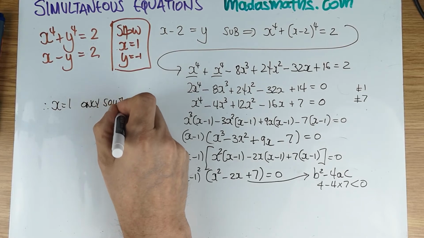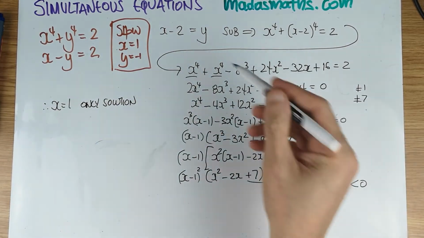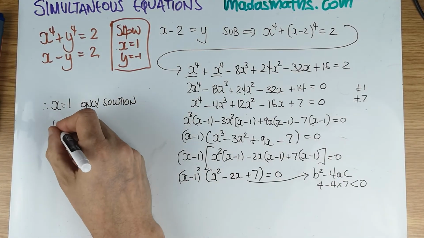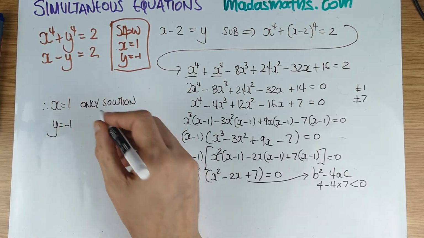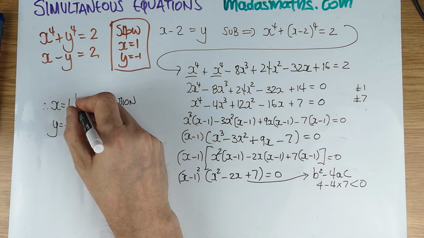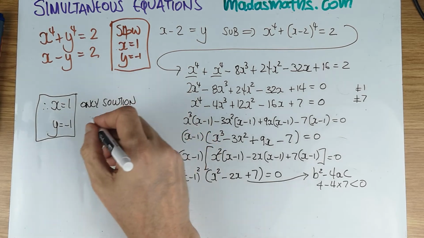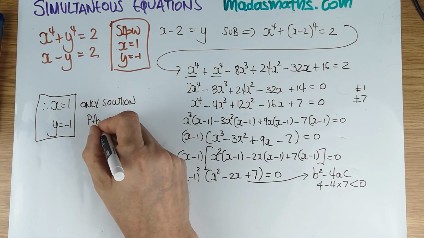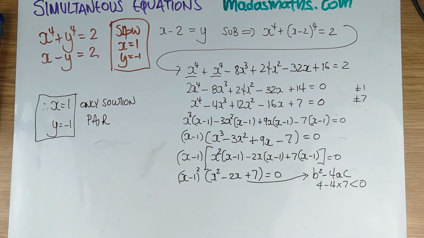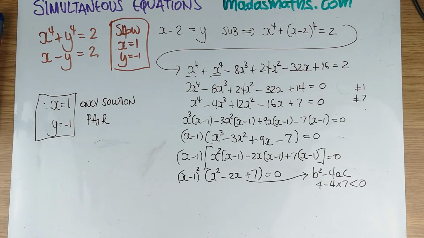And of course, it follows from this equation here that y is equal to -1, the only solution pair. Okay, so the question has been finished, and it's been done efficiently, but I want to show you a different technique, because this turned out quite nicely, and to get some ideas.